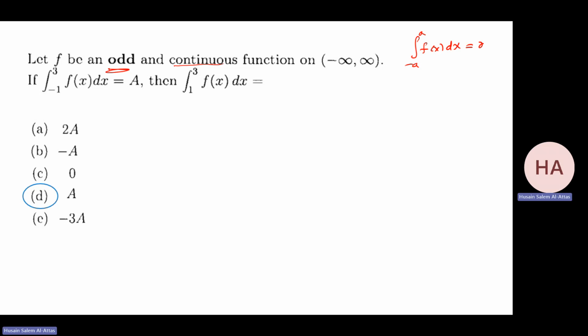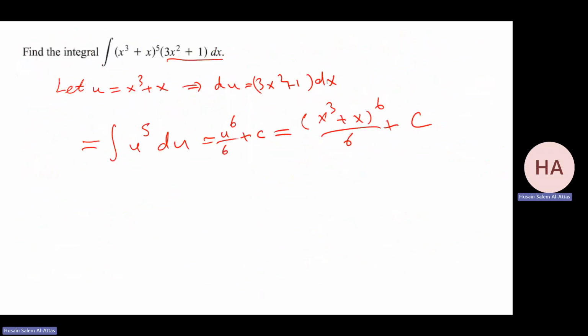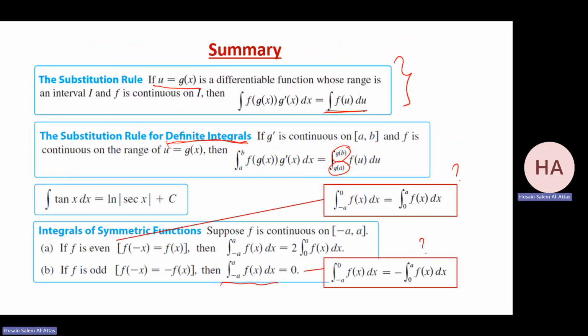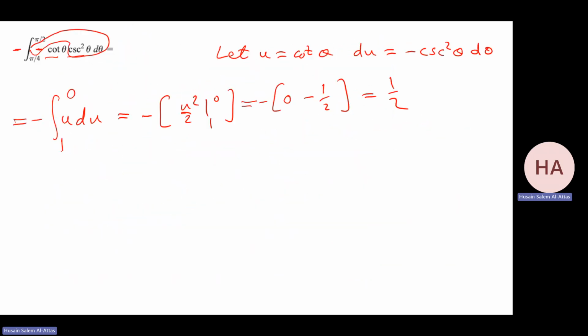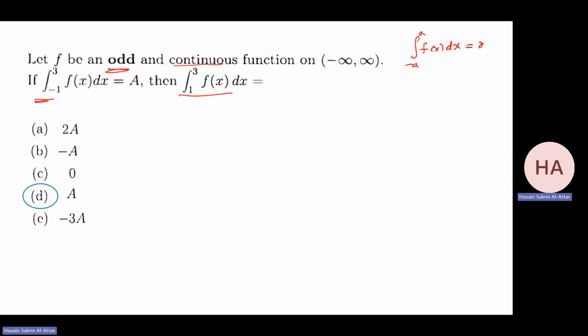Okay. He gave me minus 1 to 3, and he wants 1 to 3. I think we can do it quickly, this one. If you notice, for the odd ones, let me do it in steps, better.